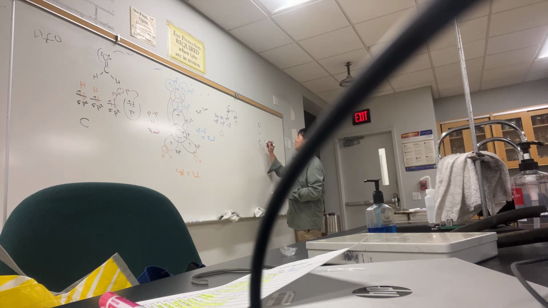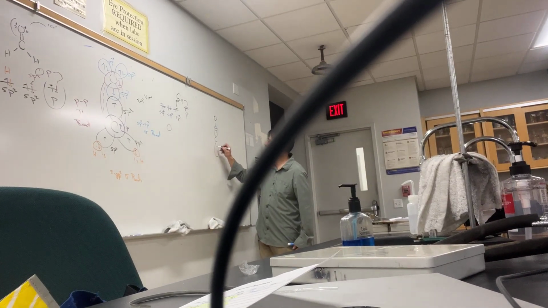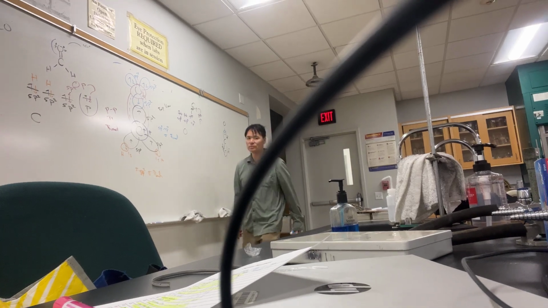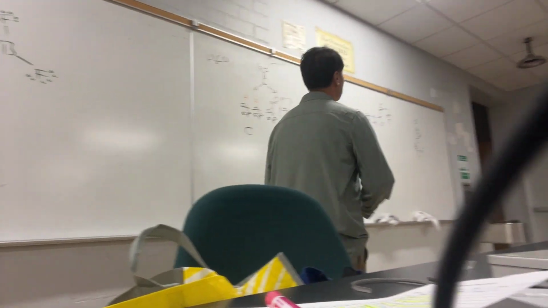This is sp2, sp2, sp2. And these will be singly occupied, and then the hydrogens will bond to this. And then the lone pair here is going to stick out, and another lone pair is going to stick in like this.